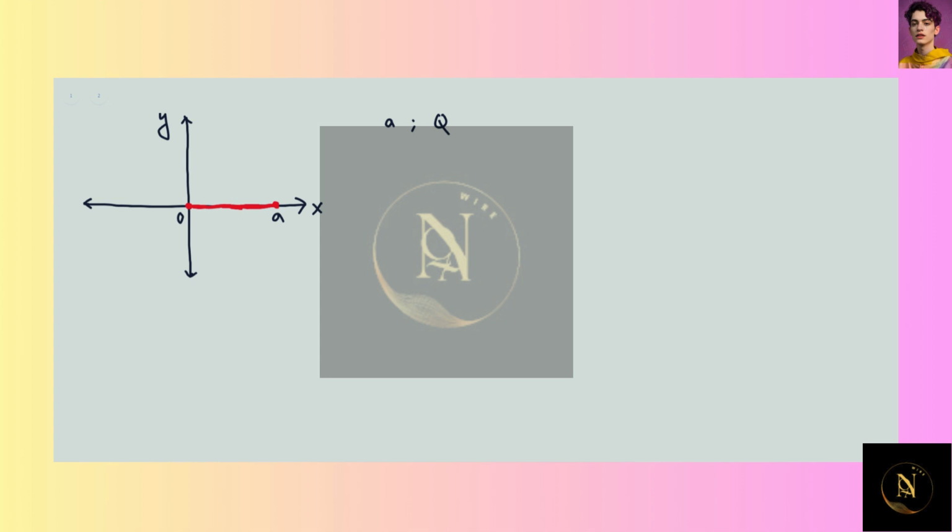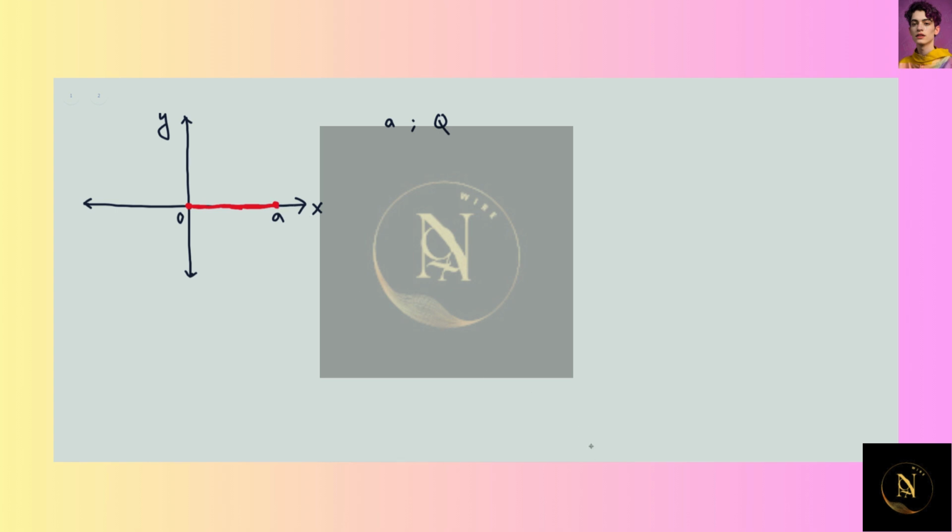So let's do that. Now at any point on the x-axis, the vertical component of the electric field is 0. And one more thing, we have to find the x and y components of the electric field produced by the charge distribution at points on the positive x-axis where x is greater than a.